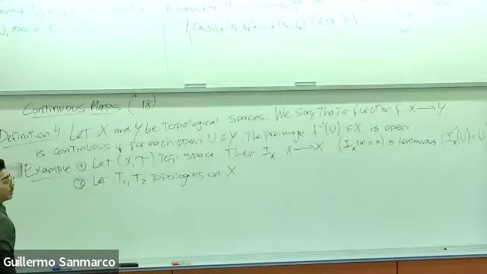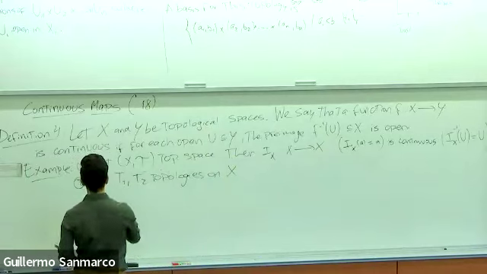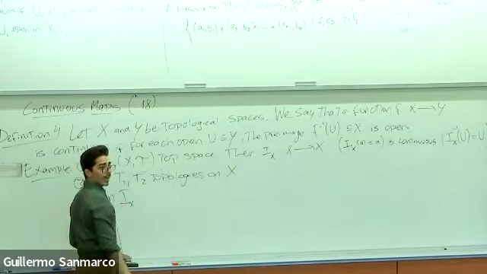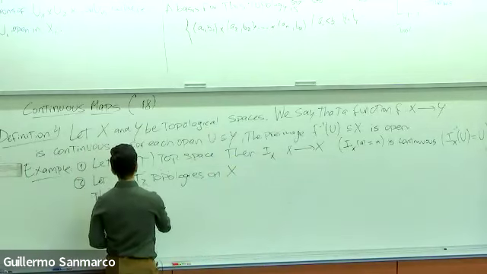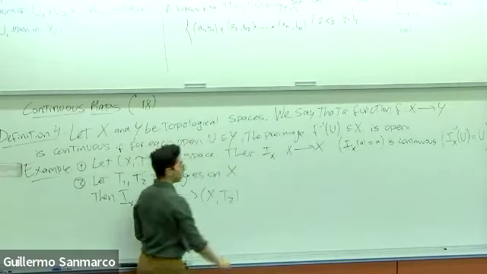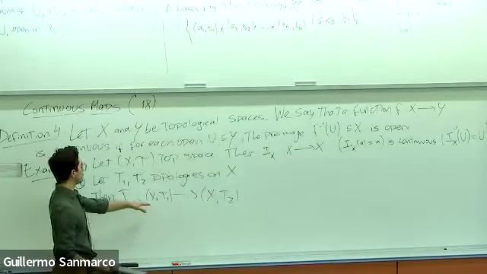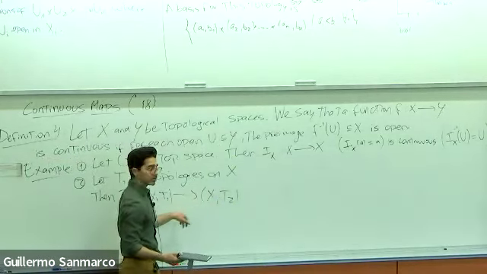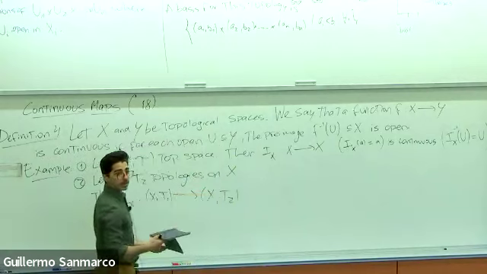And I will leave the class with a question. Then the identity map of X going from (X, T1) to (X, T2). So what I mean by this, it's a function going from X to X, but I want you to consider two different topologies, T1 on the domain, T2 on the codomain.